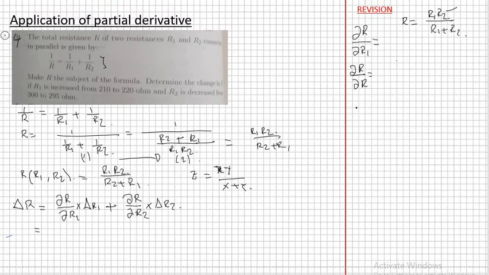Here you just need to remember that if we have the division of two functions, f of x, which is the numerator, and g of x, which is the denominator, then to derive the division, you first derive f of x and multiply by g of x, and then minus, you repeat f of x and derive g of x, and then you divide the numerator by g of x squared.